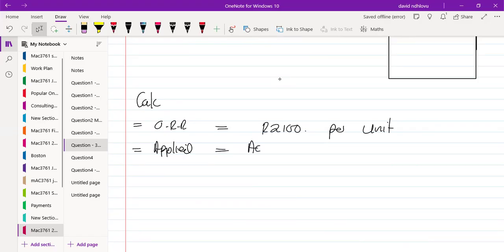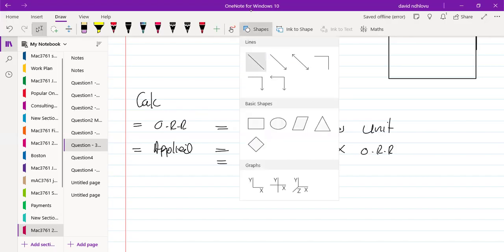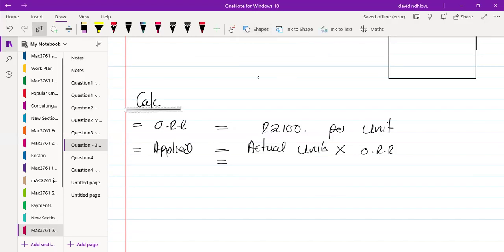You say actual units multiplied by the ORR. Now what is happening is very simple. We are trying to mirror what happens in the actual world. Remember, for the fixed manufacturing overhead cost, we had to determine a projected cost per unit, which is the ORR. It's a budgeted cost. So any unit that we produce during the year, we are going to charge the fixed manufacturing overhead cost based on the ORR, which is a budget.